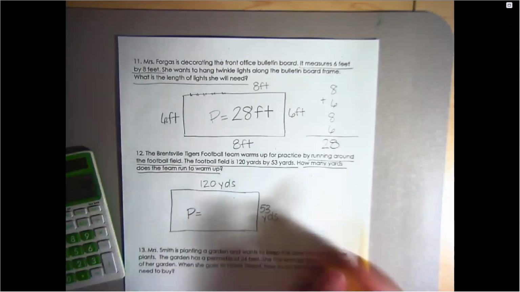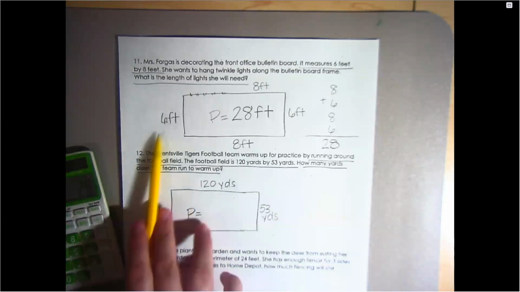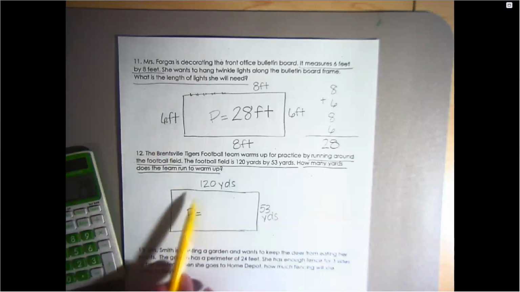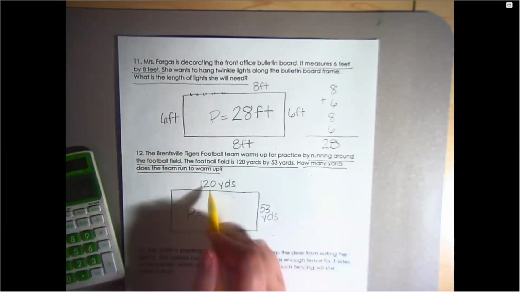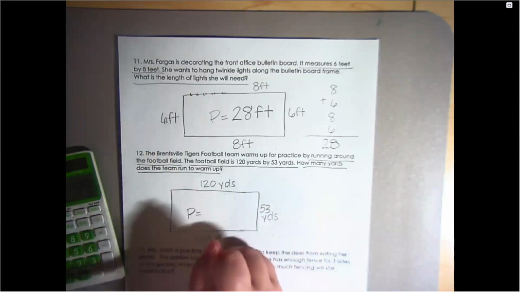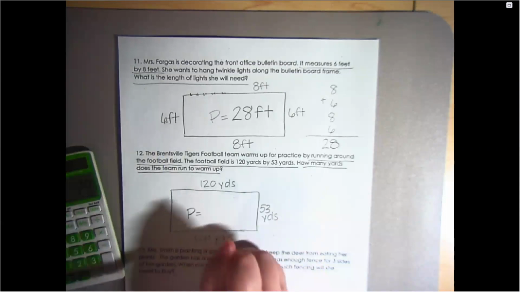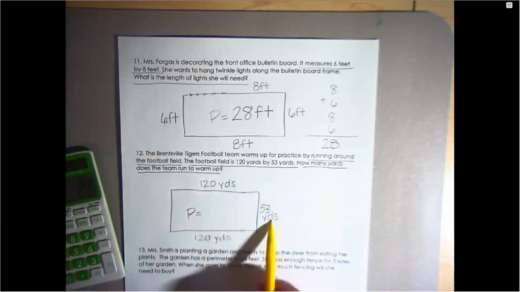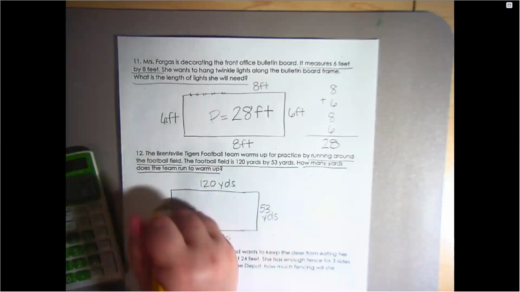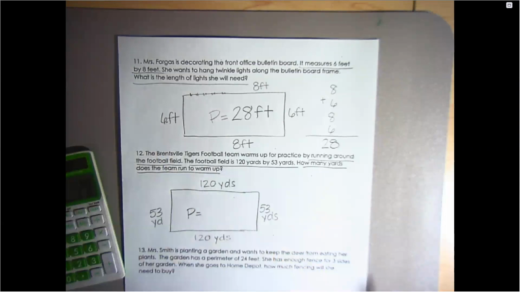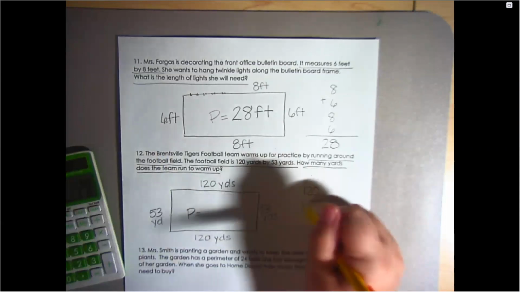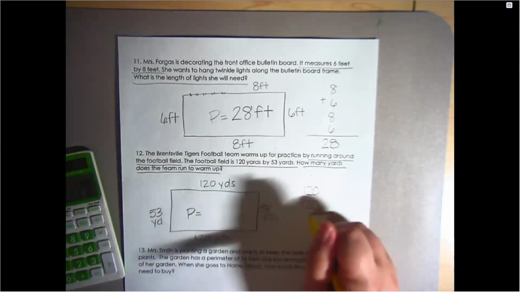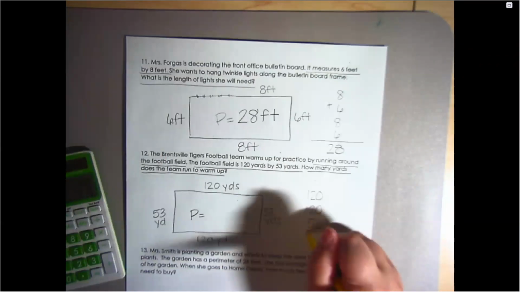So again, just like I did with the one above it, rectangles are special because the opposite sides are congruent. So if this side is 120, the opposite is also 120 yards. And if this side is 53 yards, the opposite side is 53 yards. So in order to figure out the perimeter, I'm going to need to add 120 plus 120 plus 53 plus 53.